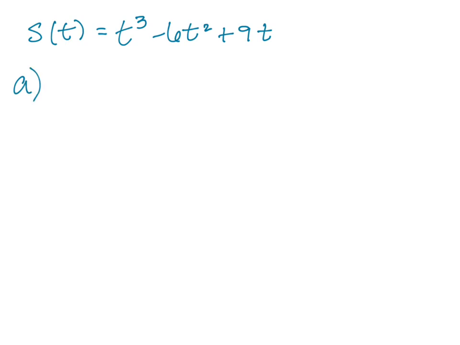So take its derivative: 3t squared minus 12t plus 9. At any time, we're just going to leave it t. I think they're going to ask us more about that moving forward.